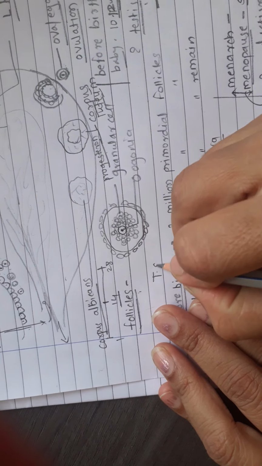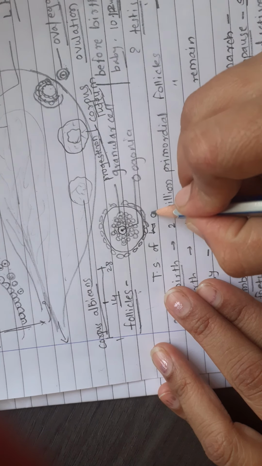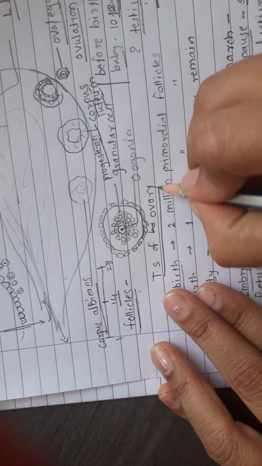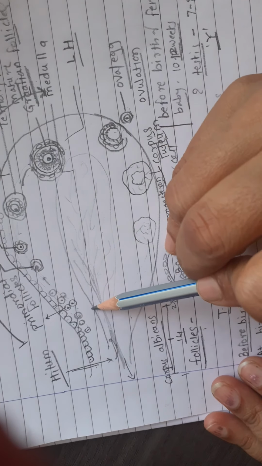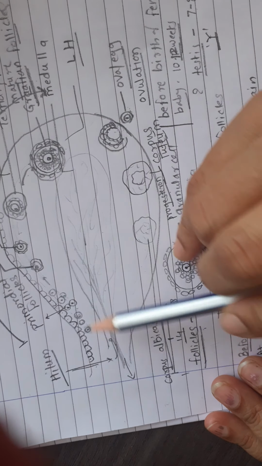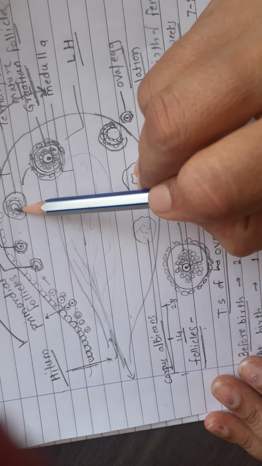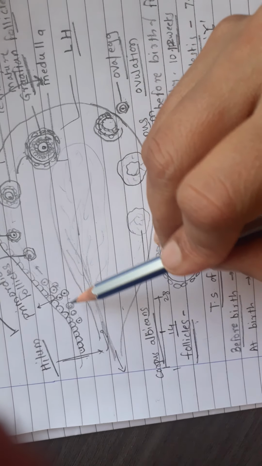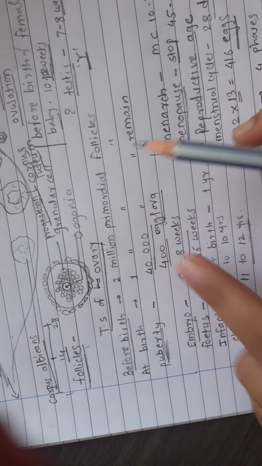This is the overall figure. It shows the histology of the ovary. This is the figure of a section of the ovary. It shows two regions: the innermost is the medulla, the outer is the cortex region. It shows changes in phases of primordial follicles. First of all, there are 40,000 primordial follicles.